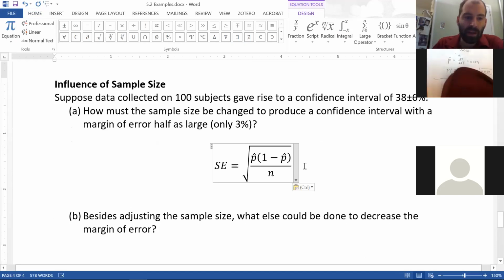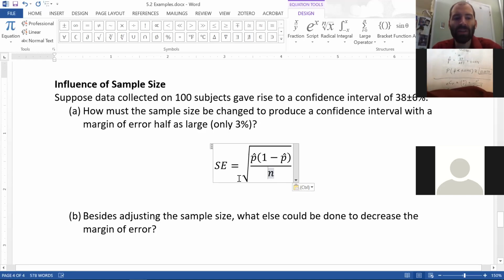Okay. So looking at this formula, I can see that the sample size is in the denominator. So if I increase the sample size, I'll make the standard error less. Increasing the denominator makes the fraction smaller. So you might say, well, if I double the sample size, I'll have a fraction that's half as big. And you're right, except that the standard error has a square root.